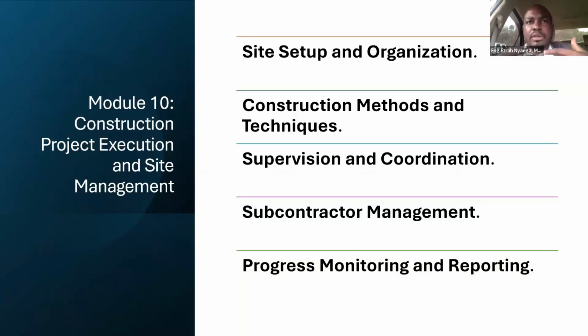You have defined the different contracts. The next aspect is to ensure that the site is set up and you are able to execute the project so that you can deliver the end product.